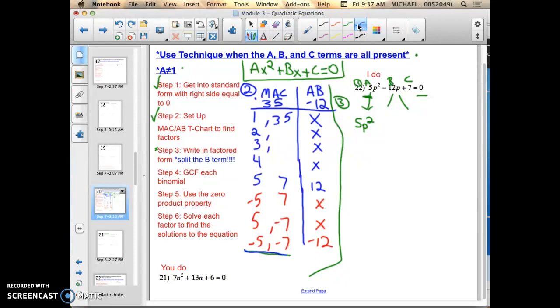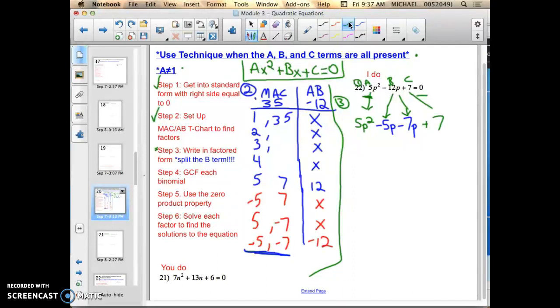I'm going to separate negative 12 into my two new factors. So negative 12p becomes a negative 5p and a negative 7p. So if you notice, it separates into those. All right? And then finally, I drop down my 7, because I didn't touch that either, and I just do plus 7.